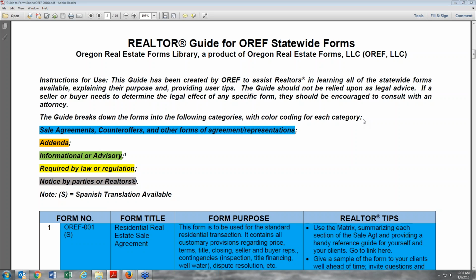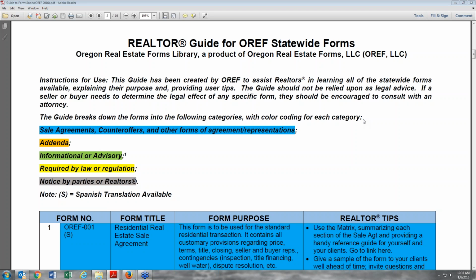I think it's a good document for everybody to become familiar with, for a couple of different reasons. I think the main one is so you know exactly what forms exist and are available for use. And then also, in regards to the purpose and the tips, there's some good information in that matrix.